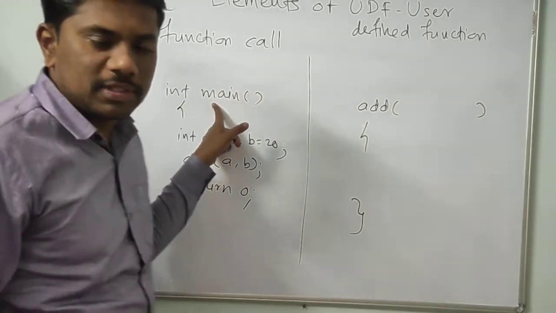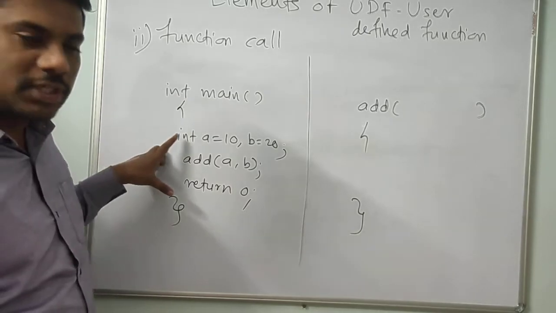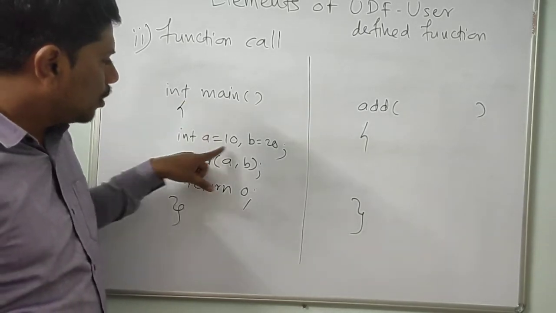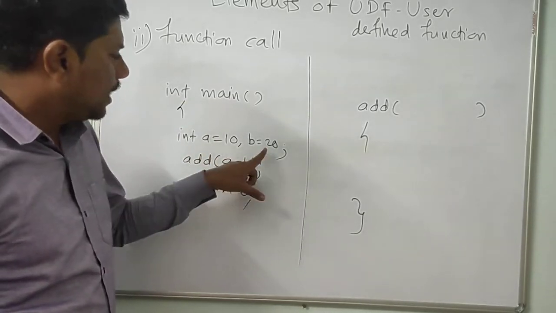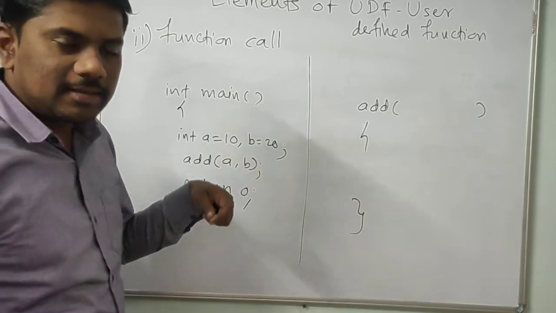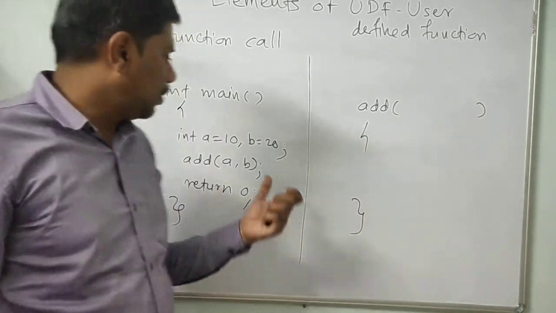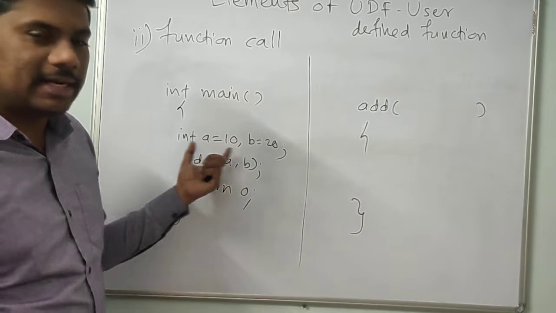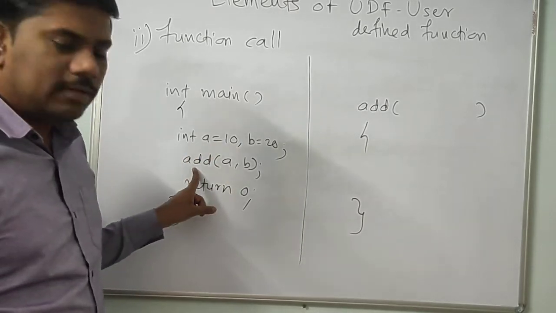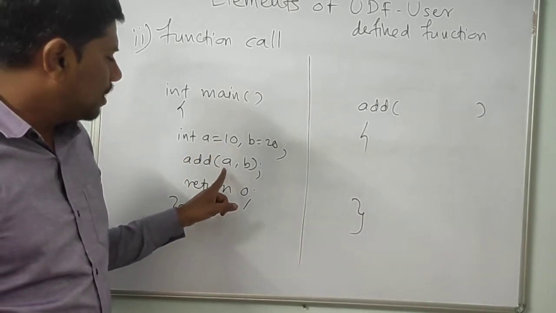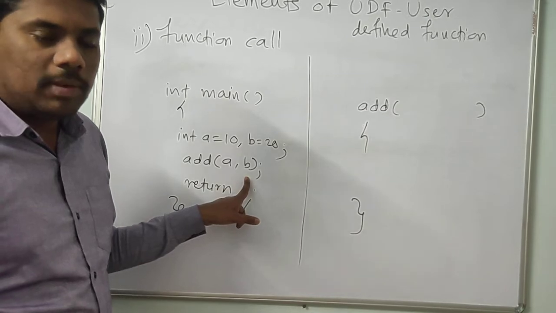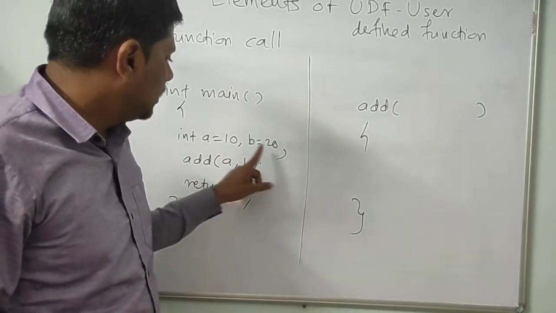So this main is a user defined function. Now inside main we have two variables, a and b, and consider that we have received the two inputs from the user and stored them inside a and b, and then we are calling the add function by passing a and b. So what will be passed to add function? 10 and 20.